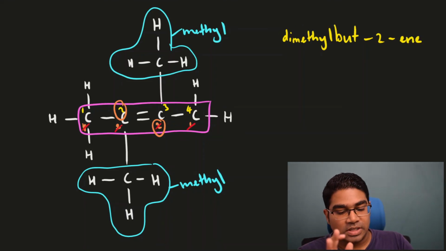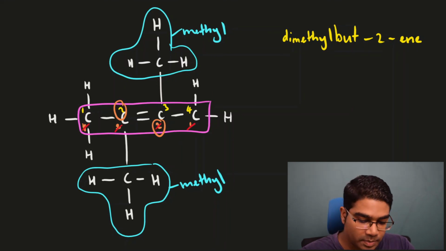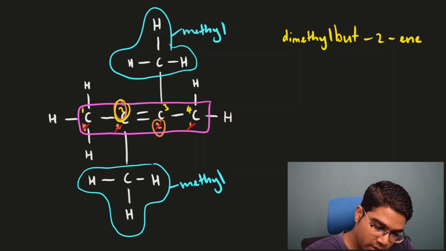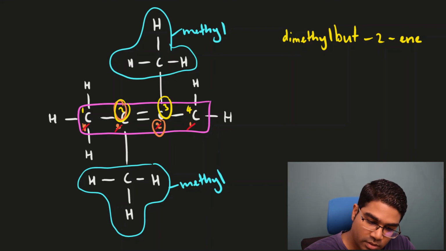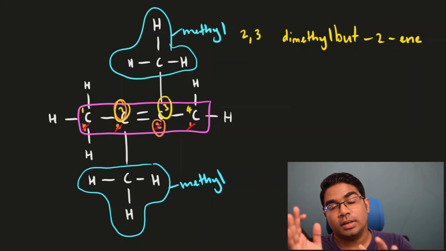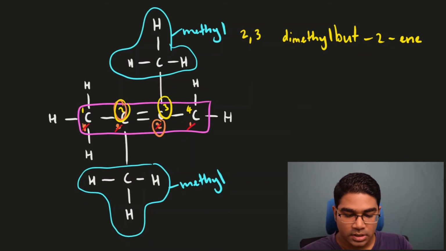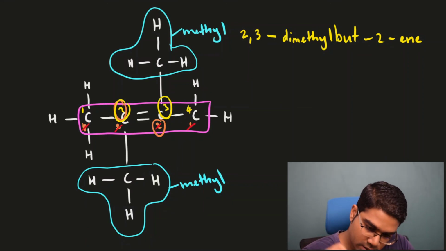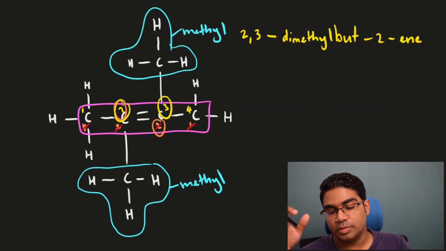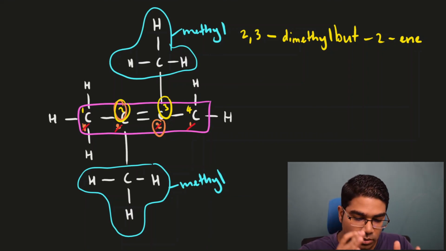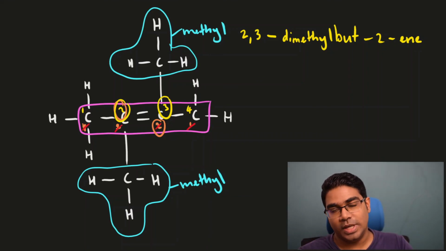Now we have to look at the position of the methyl groups. They are at position 2 and 3. Therefore, we have 2,3. When we are separating the numbers, we use commas, and then a dash, dimethylbut-2-ene. So this is 2,3-dimethylbut-2-ene.